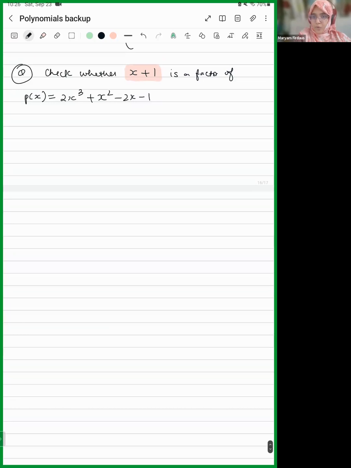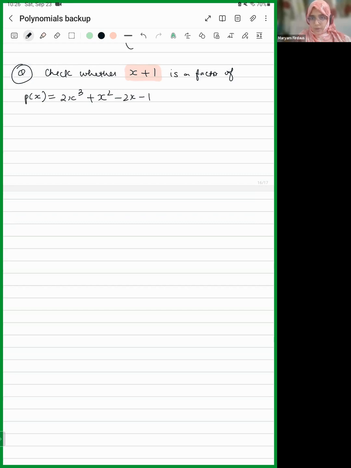Yes, Preshita. So what were the answers of the first part of the second question? It is a factor. Then the second one, the remainder is 1, so it's not a factor.